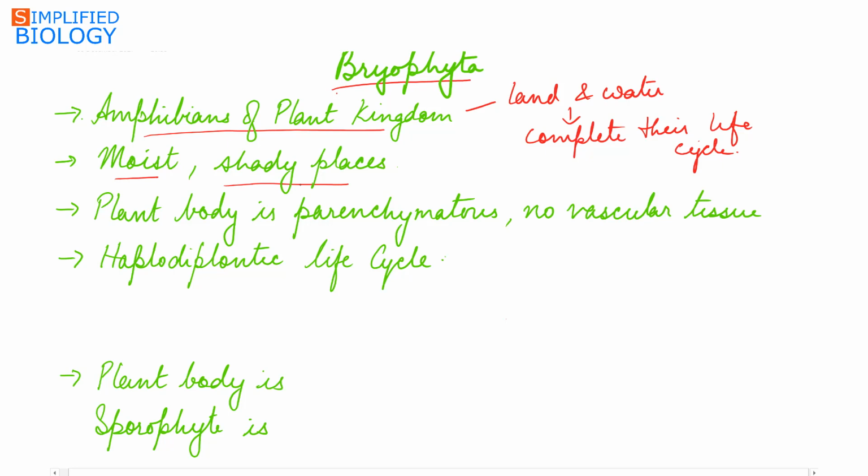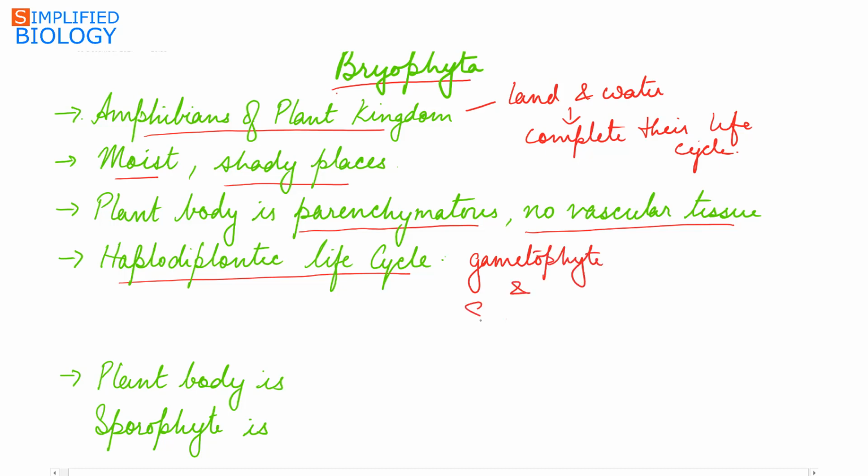The plant body of a bryophyte is parenchymatous and has no vascular tissue. They have a haplodiplontic life cycle. It means a well-defined alternation of generations is seen, where both the gametophytic and sporophytic generations are well represented in the life cycle.